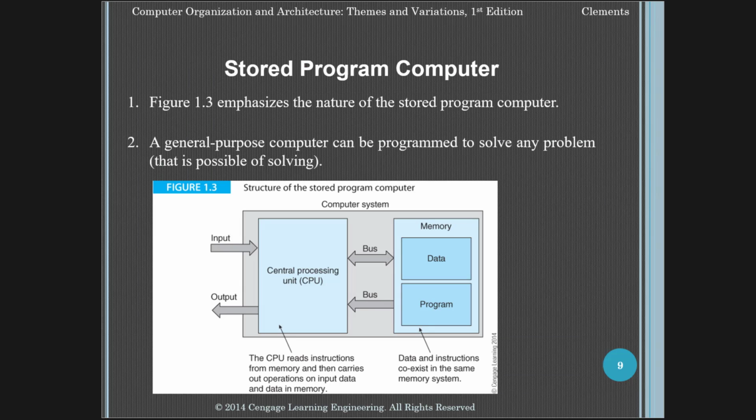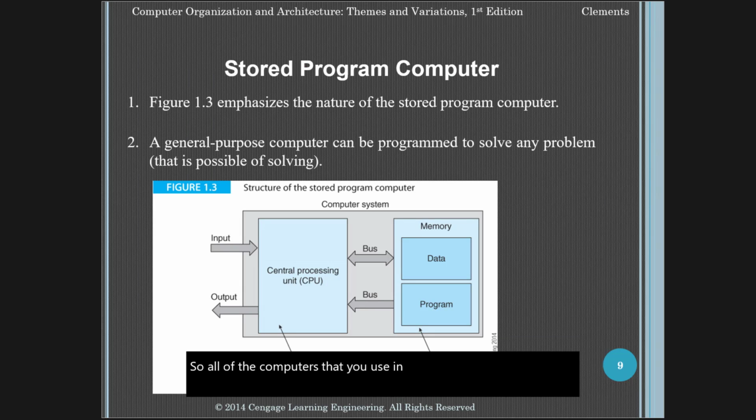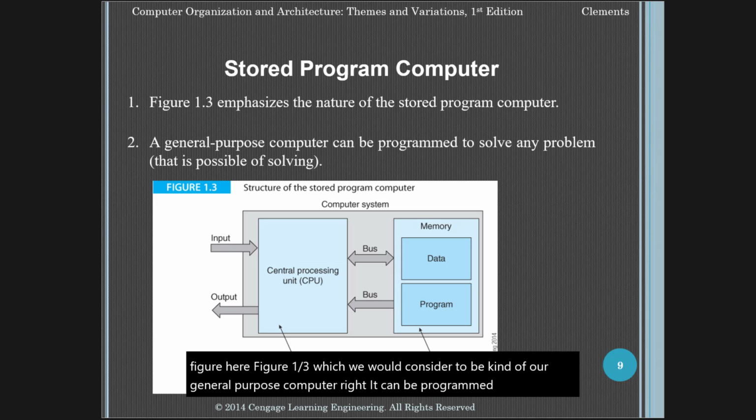So all of the computers that you use in your daily life look like this figure here, figure 1-3, which we would consider to be our general purpose computer. It can be programmed to solve any problem that is possible of solving. So it takes in two types of input: the data it is to process, and the program that defines exactly how the input data should be processed.